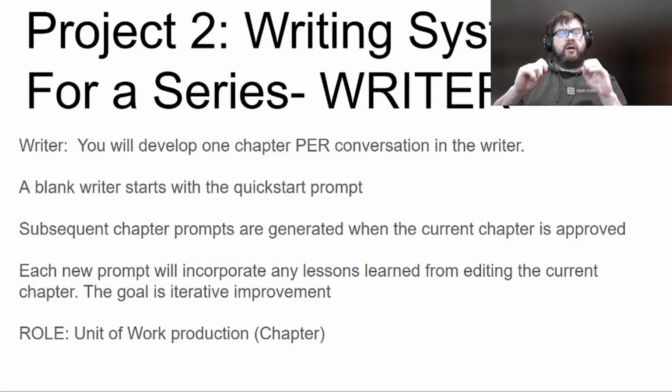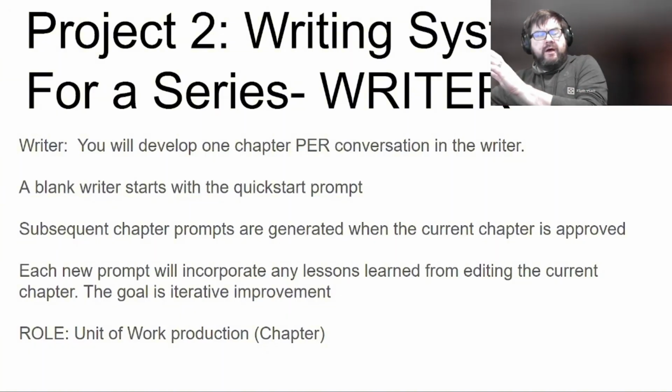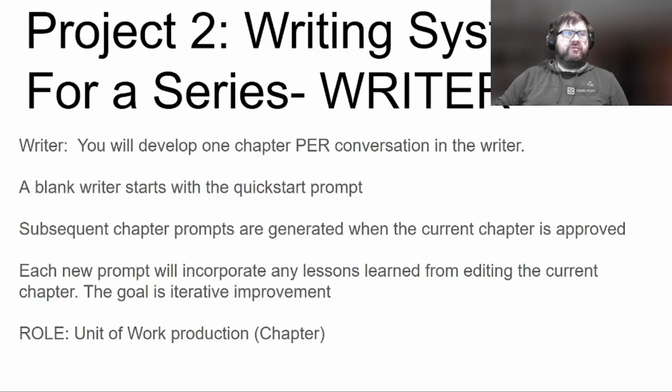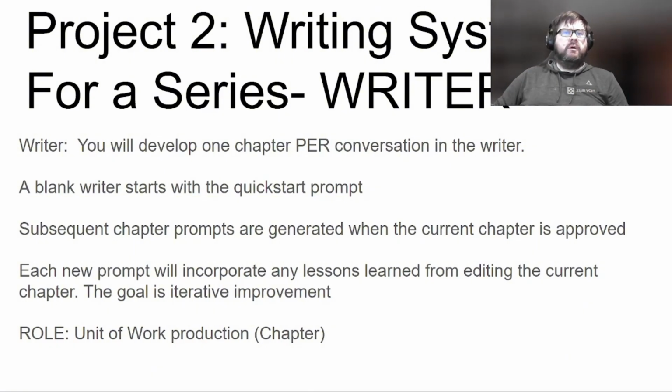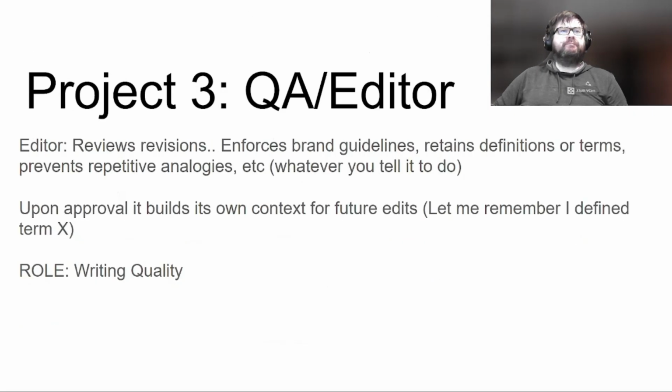So theoretically, it gets better and better the more down the road you get in your book, because if you told it, hey, don't say this particular thing or rephrase this, it'll say, okay, I'm going to take a note that maybe I shouldn't do those things in future chapters, and then you pre-solve for recurring problems. And its role is creating a unit of work. And the unit of work in this project is a chapter.